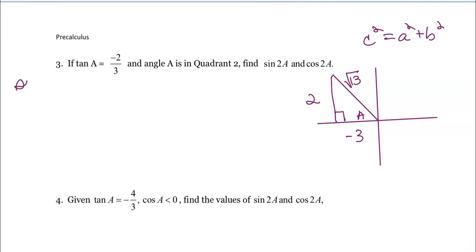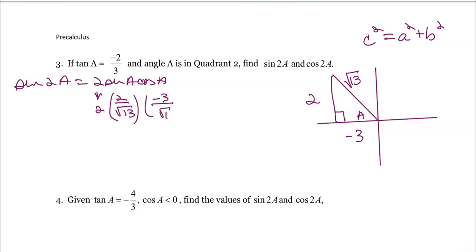Okay, so now we're going to do sine of 2A. Sine of 2A only has one possible equation, and it's 2 sine A cosine A. So I bring down the 2. I look and see that sine A is 2 over radical 13, and cosine of A is -3 over radical 13.